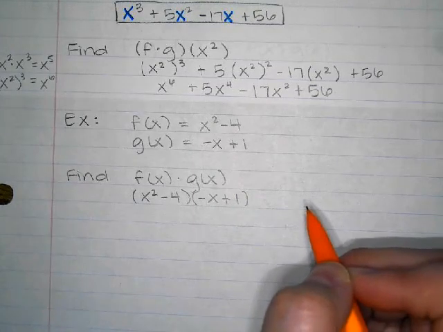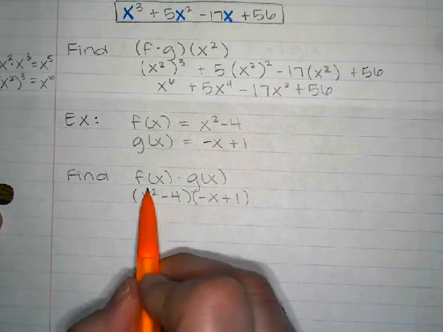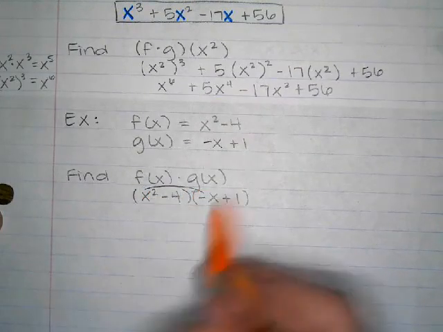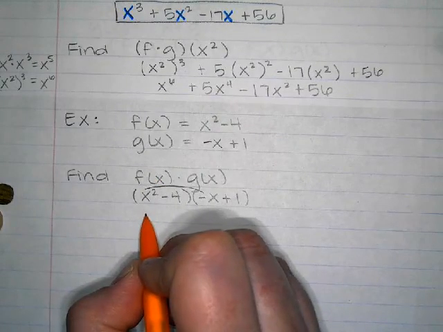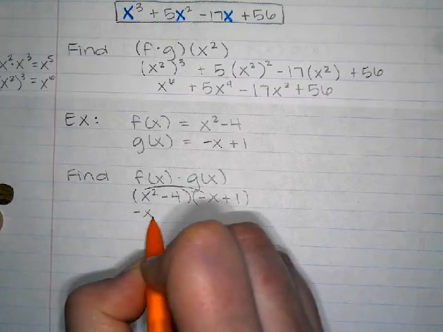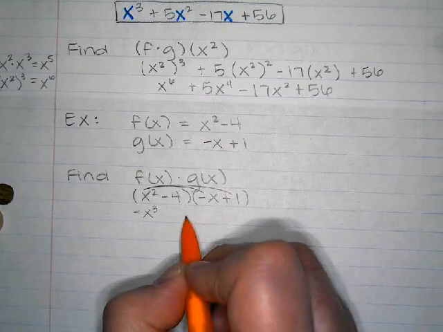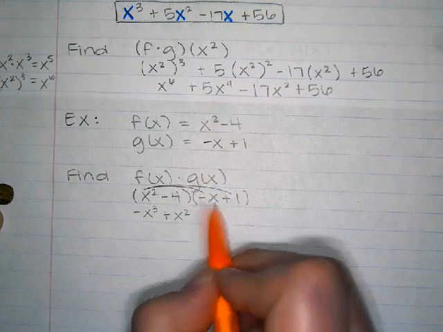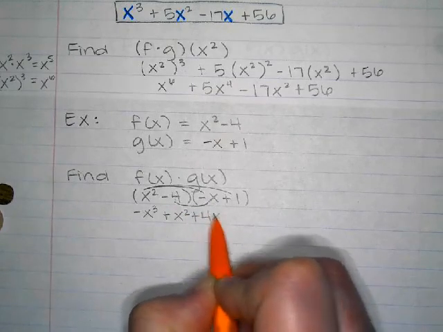So x squared times negative x, negative x to the third. x squared times 1 is just x squared. Negative 4 times negative x, plus 4x. Negative 4 times 1, negative 4. All the terms are different. They happen to be in the correct order, so that's my answer.